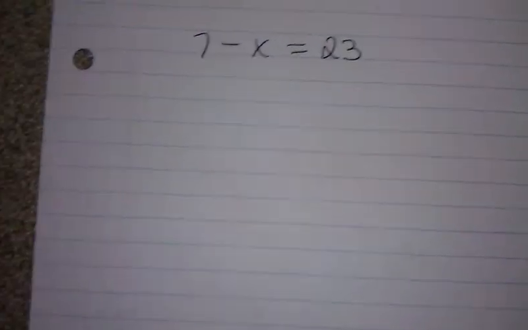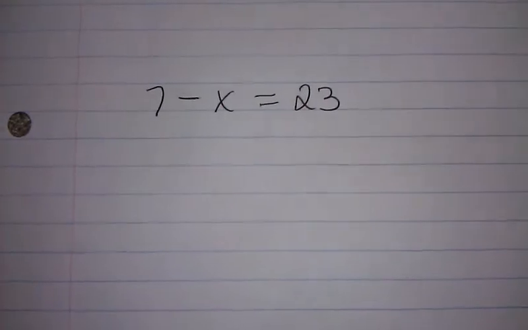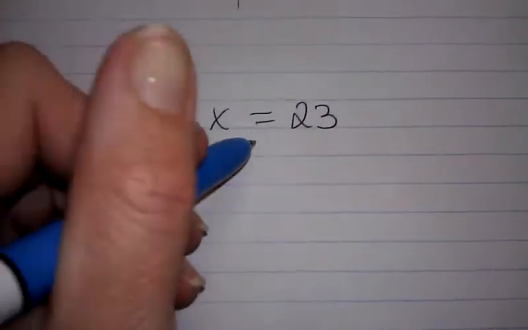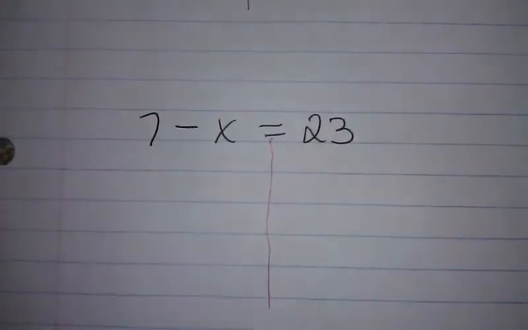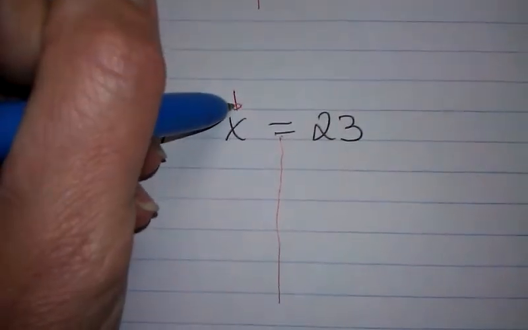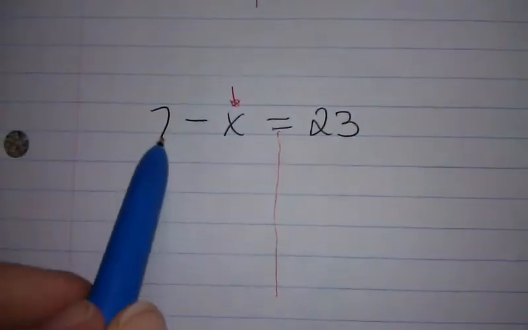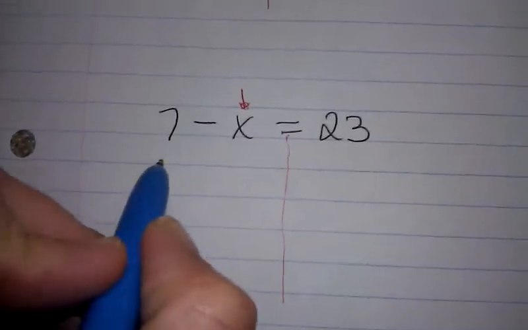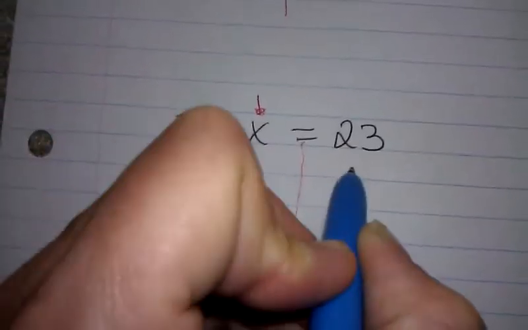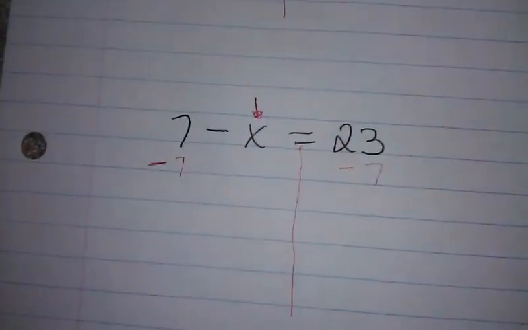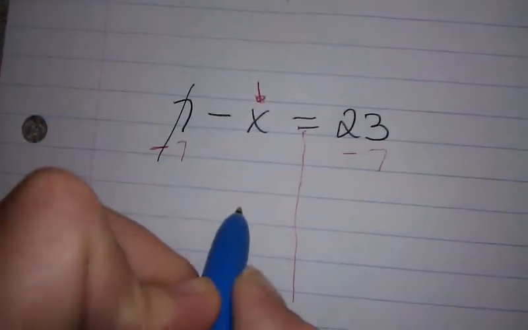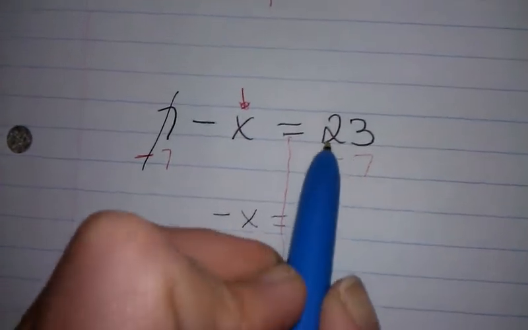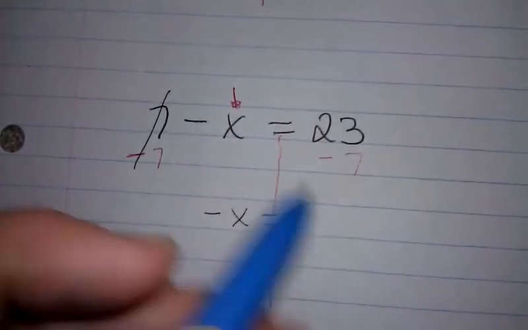And there's the last problem. Pause the video, come back and see how you did. I'm going to draw my dotted line. My x is what I want to get by itself. It's a positive 7 minus x equals 23. Positive 7, move it to the other side. I'm going to subtract 7 from each side. These cancel. I get negative x equals 23 minus 7.